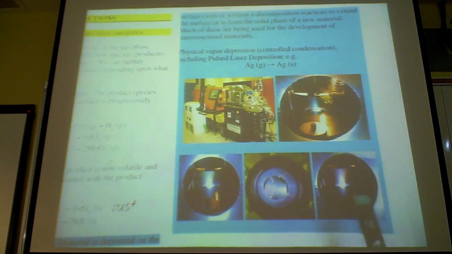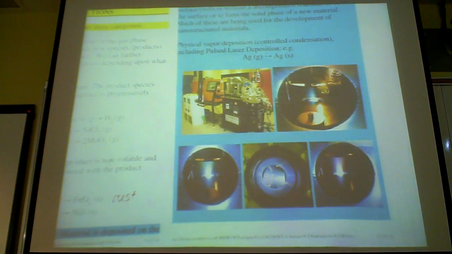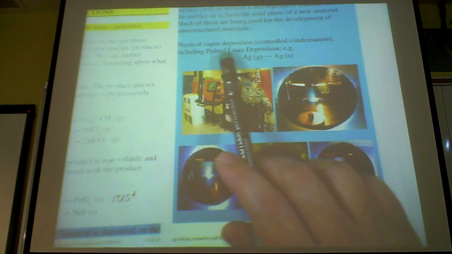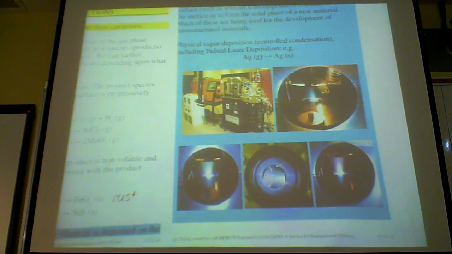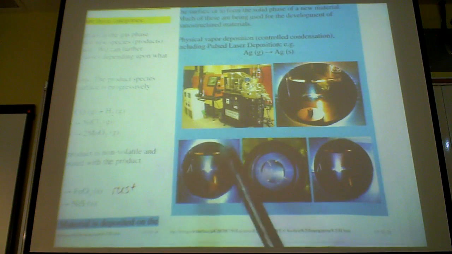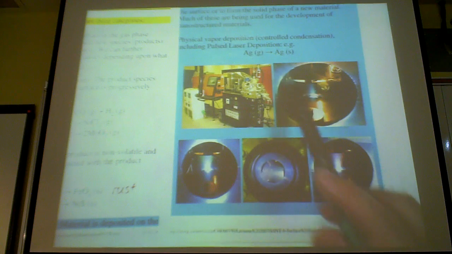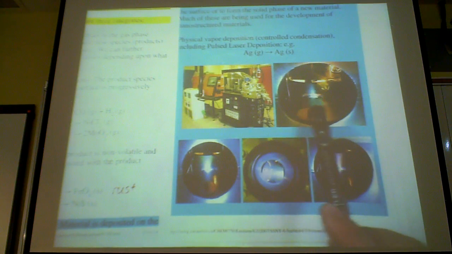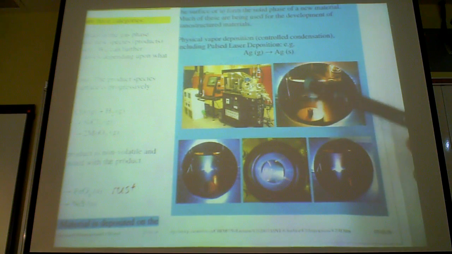And the more recent introduction, besides thermal evaporation, is that you can use a laser beam to do pulsed laser deposition. This is an example of one of the systems we have in our lab. You use an excimer laser, fire the laser at the target, and then you get this laser plume, which contains the vapor.